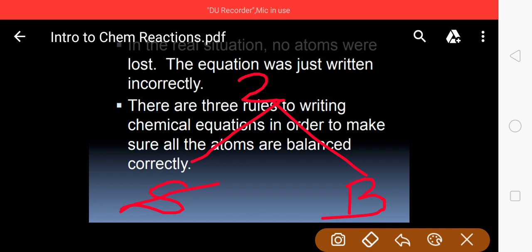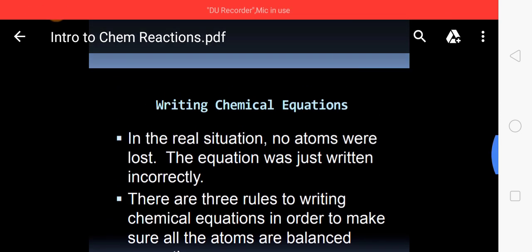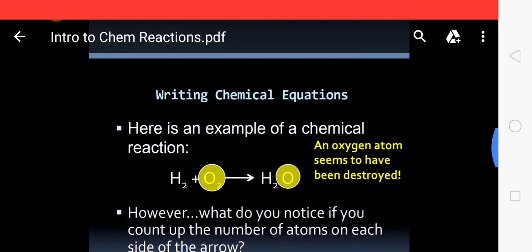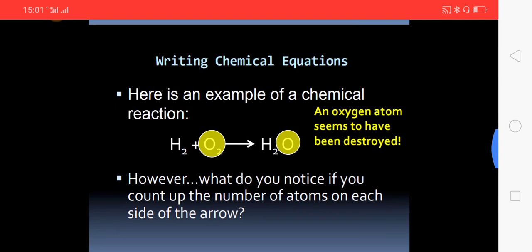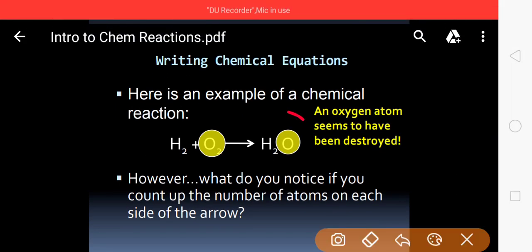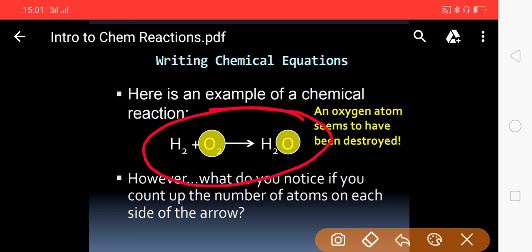Skeleton equations are equations which simply indicate the products and reactants. The relation between products and reactants is indicated as it is done here. The equation you are seeing here is a skeleton equation. It shows that hydrogen and oxygen are giving us water.